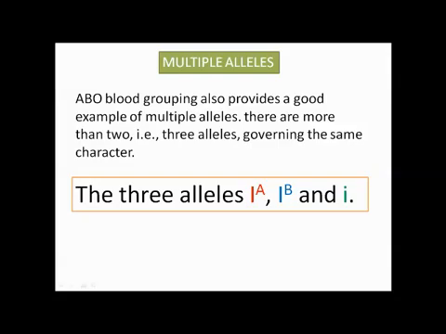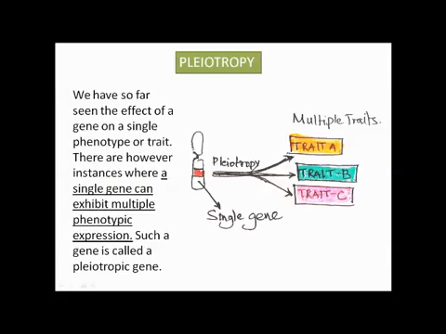So next we'll go to the next part, which is pleiotropy. Generally, we can differentiate pleiotropy as the case where a single gene controls multiple traits.